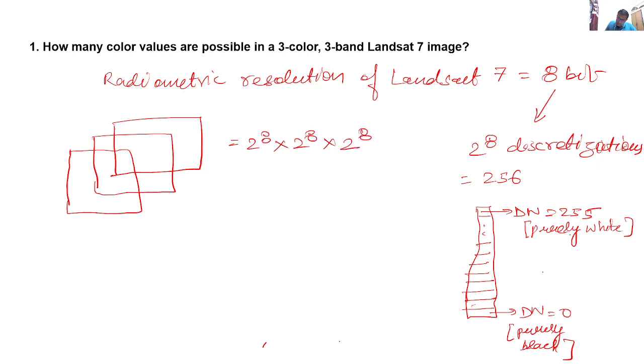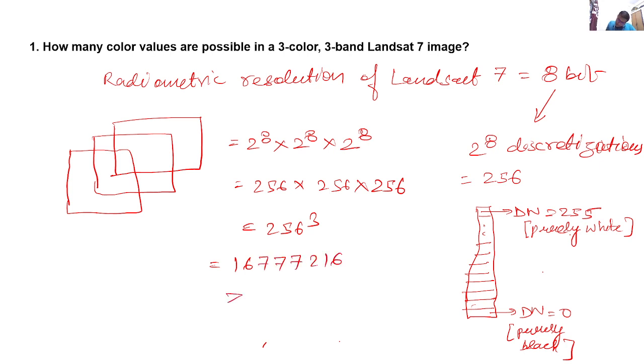The actual answer would be 256 times 256 times 256, which is 256 cubed, which is 16,777,216, which is greater than 16 million different color values. That is what this question asks for.